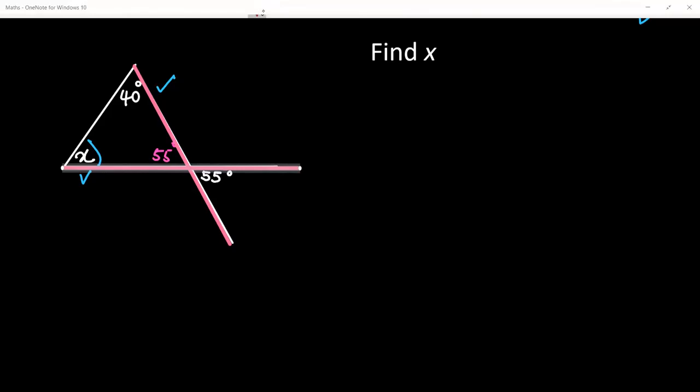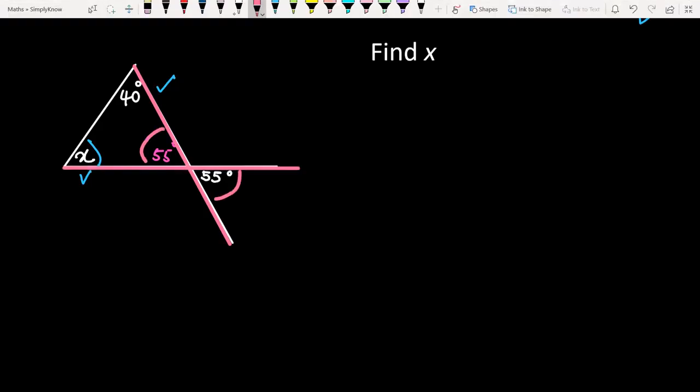So remember, the vertically opposite angles formed by the intersection of two straight lines are equal. So here it's 55 degrees, here also 55 degrees. Now we can easily find the value for x.